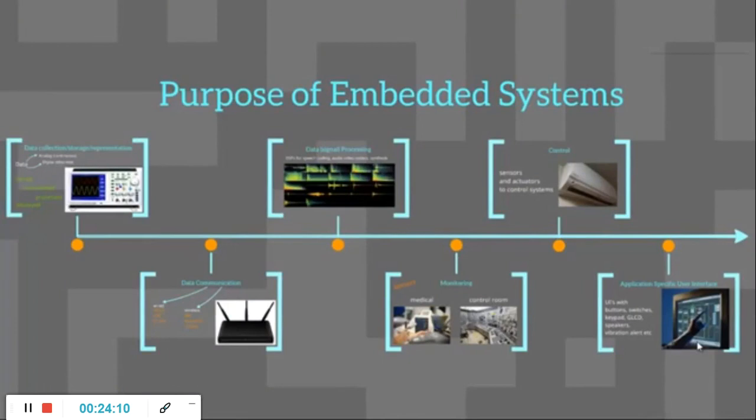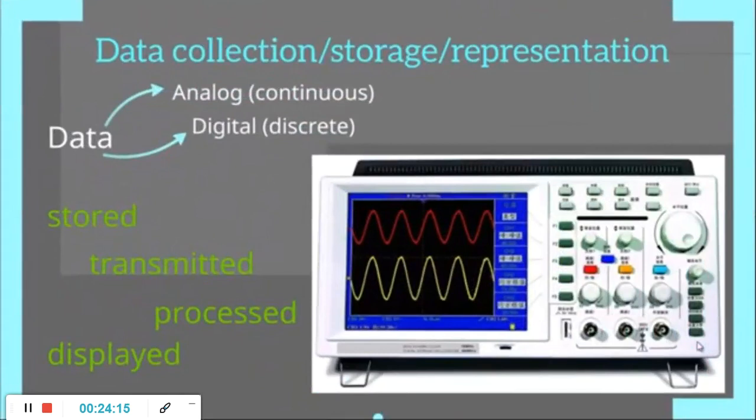Based on the purpose for which embedded systems are designed, there are six main purposes to note. They are data collection, storage and representation, data communication, data processing, monitoring, control, and application specific user interface. I repeat, the embedded systems are designed based on the purpose you want.